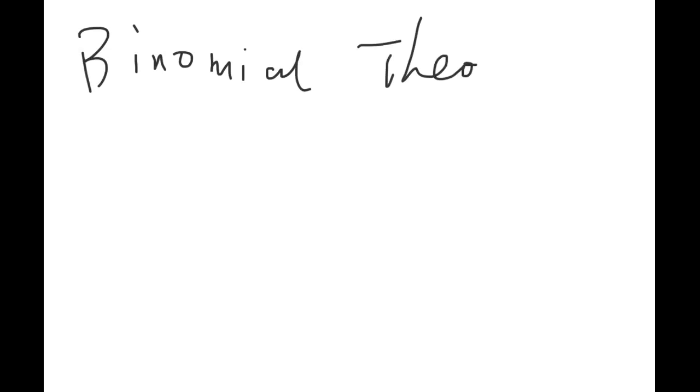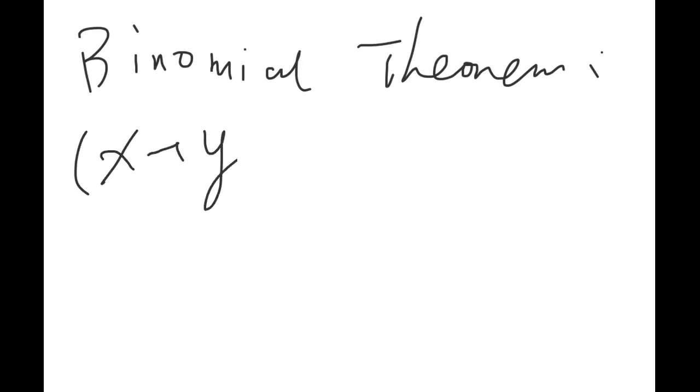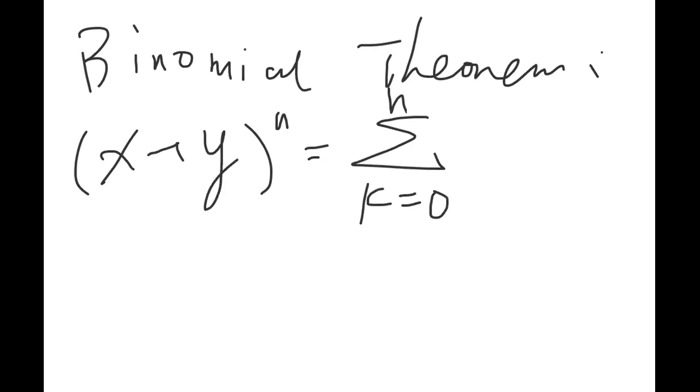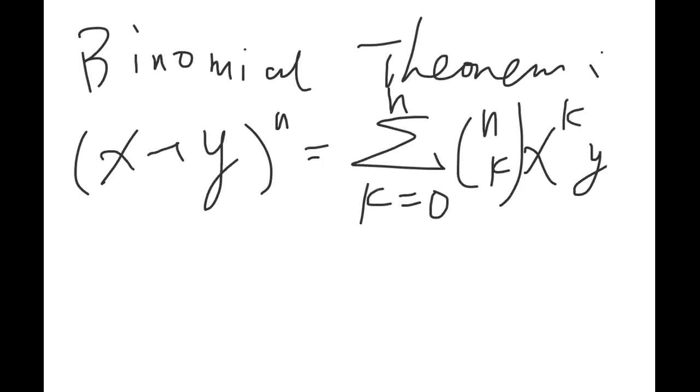Okay. So another use of the binomial theorem is that you can find the specific coefficient for a specific term. So for example, x plus y to the nth power is equal to the sum from k equals 0 to n of n choose k, x to the k, y to the n minus k.